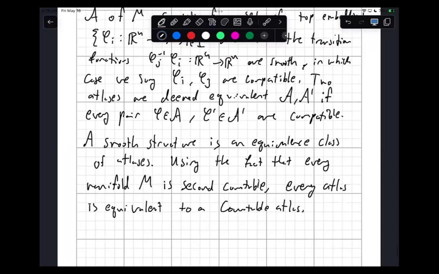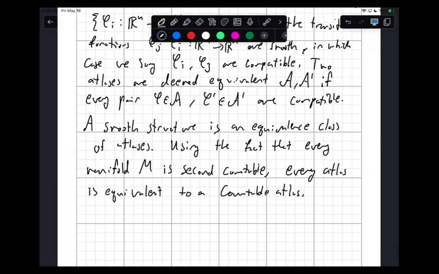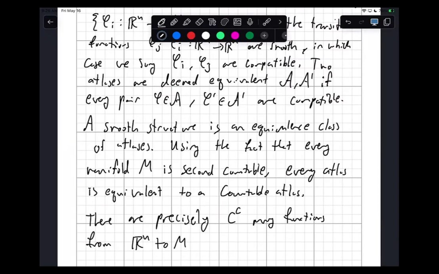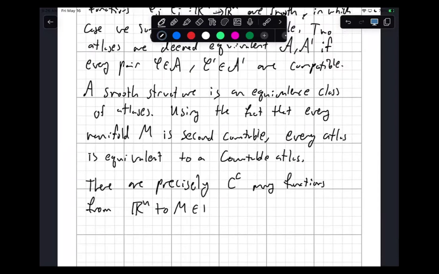So the isomorphism type of a smooth manifold is completely determined by its underlying topological manifold and a countable atlas. Okay. So there are precisely C to the C many functions from R^n to M, where M is a smooth manifold.